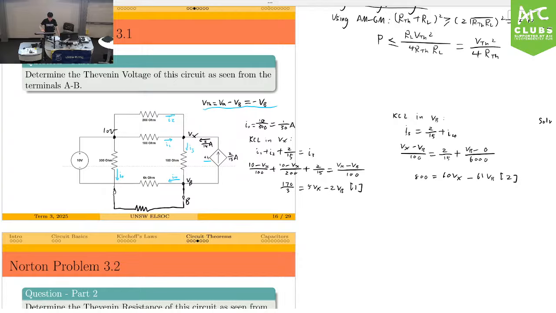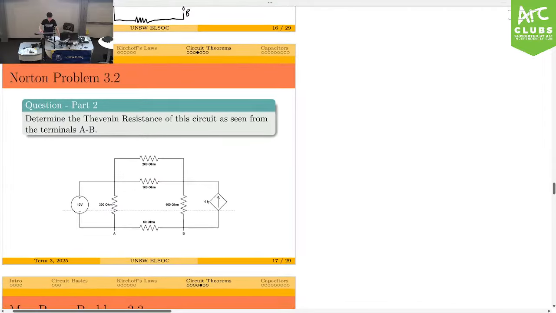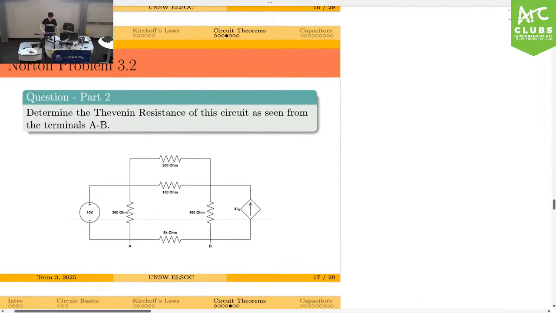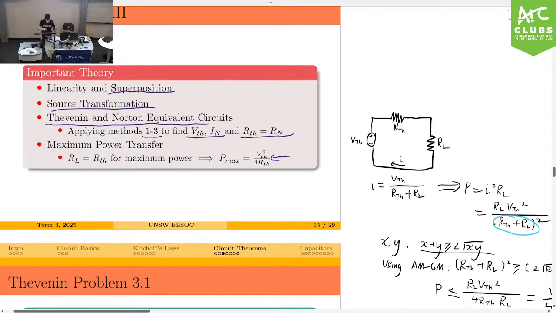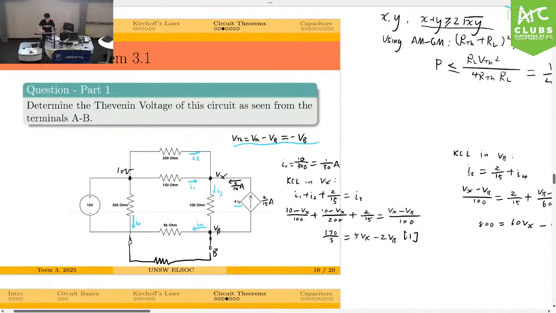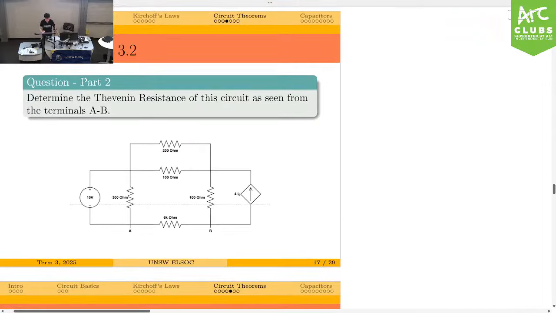Cool. Let's move on to the next question now. The next part is where we get much more freedom. As we have said before, there are 3 methods to find the RTH. I'll list them out now. The first, we do source transformation and just pray that it actually simplifies.